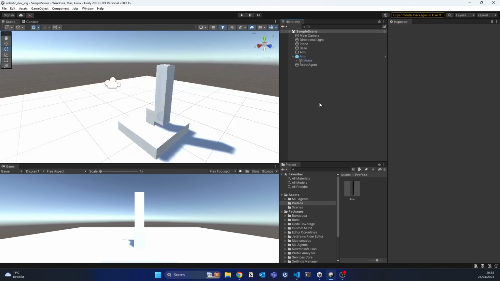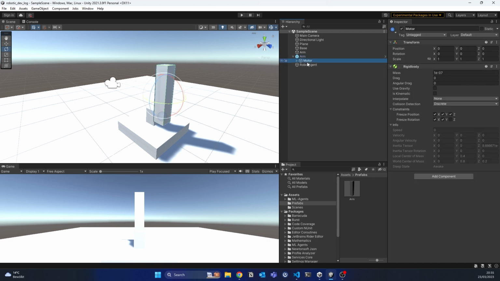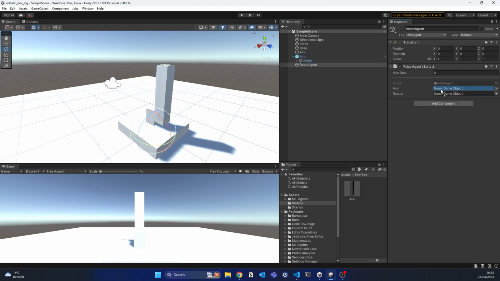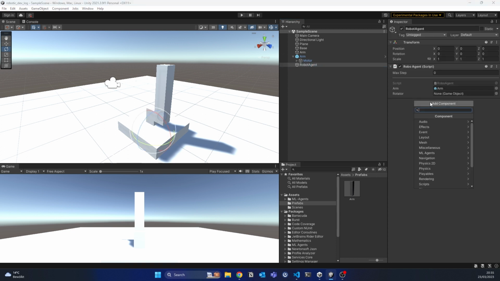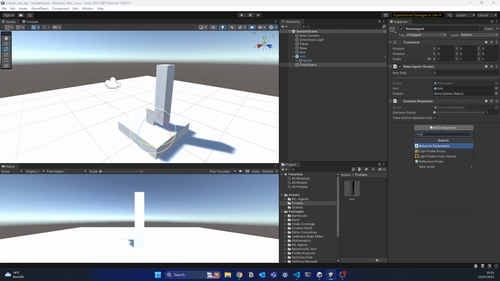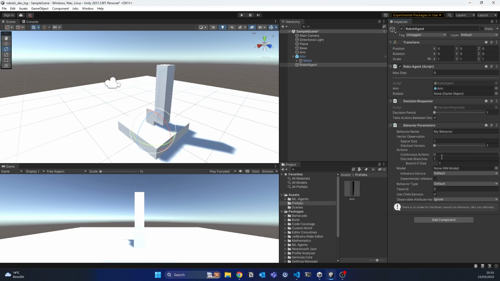All right, let's just try this for a moment. So let's bring in this arm here. Here for a robo agent, probably with the decision requester, and also it should normally add a behavior parameter. It didn't somehow, but anyway.